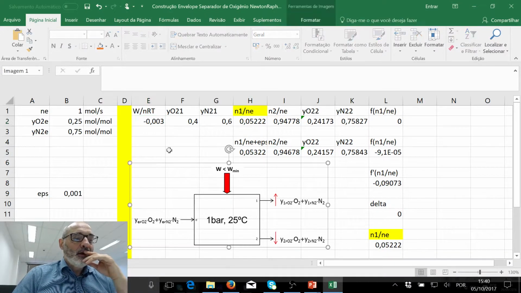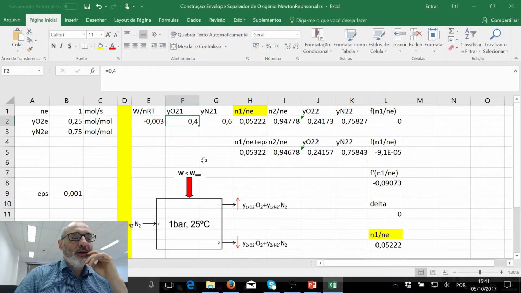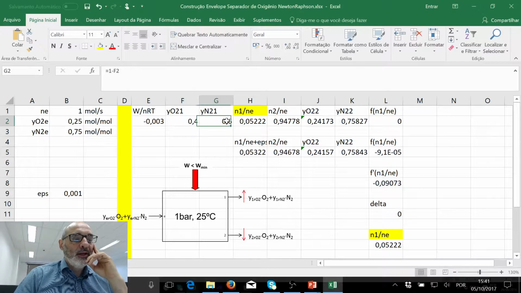I'm fixing it. And this number, 40%, is the amount of oxygen that I want at exit number 1. So this number is also a known number. I don't have to calculate this one and this one. This one I simply calculate by subtracting 0.4 from 1.